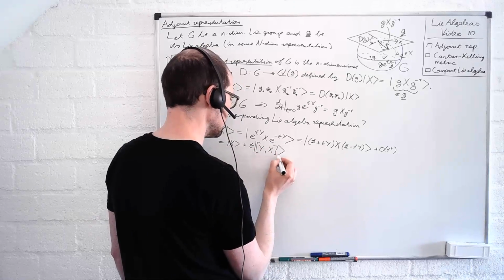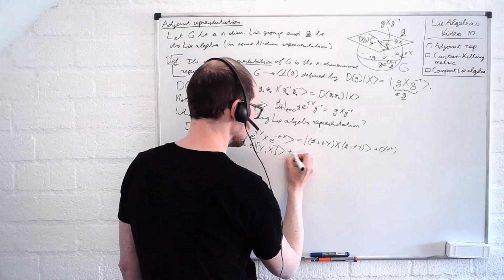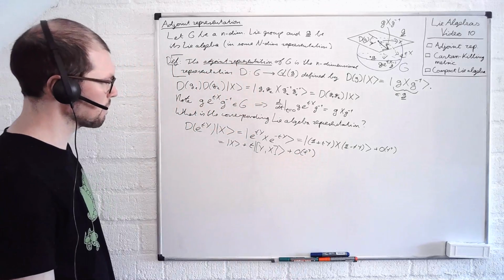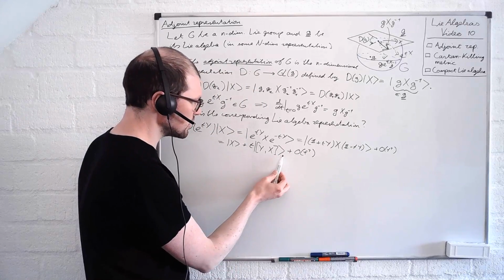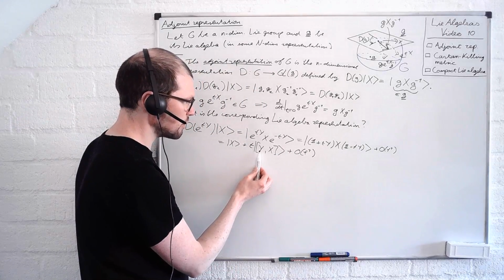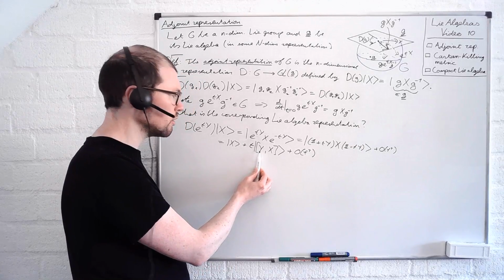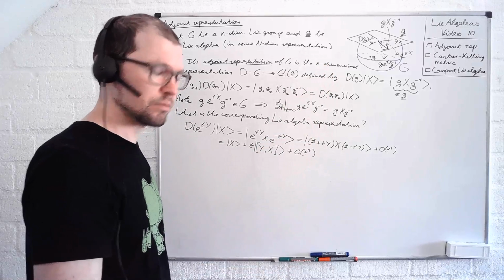Let me put the ket notation around. Plus something of order t squared. So that means that this is really the action or the representation of a Lie algebra element y on this vector space that is the Lie algebra itself.